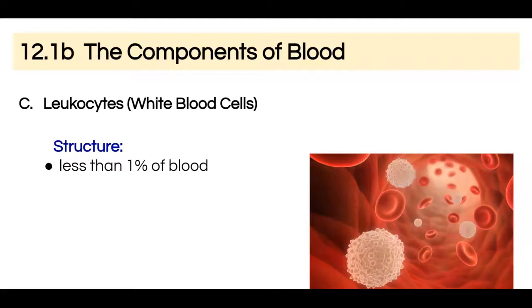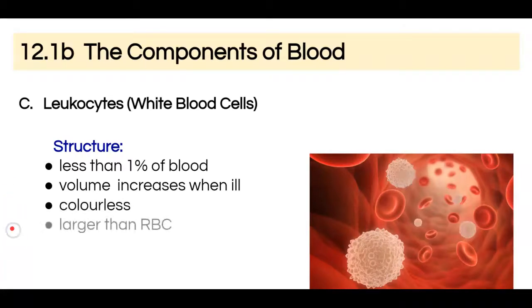They have other purposes, but fighting infection. And so if you do get sick, the volume of white blood cells in your blood sample will actually increase, and that actually is often a marker of illness. It's just an interesting proportion, a larger than normal proportion of white blood cells in your blood sample.